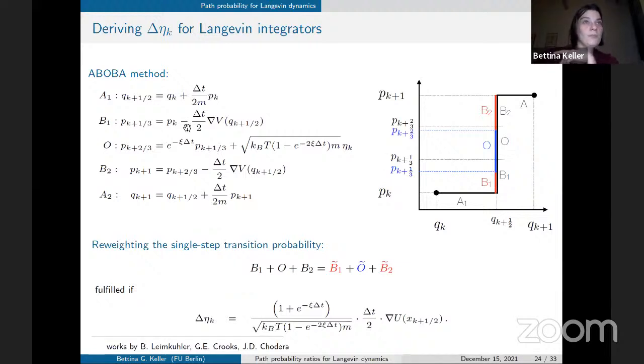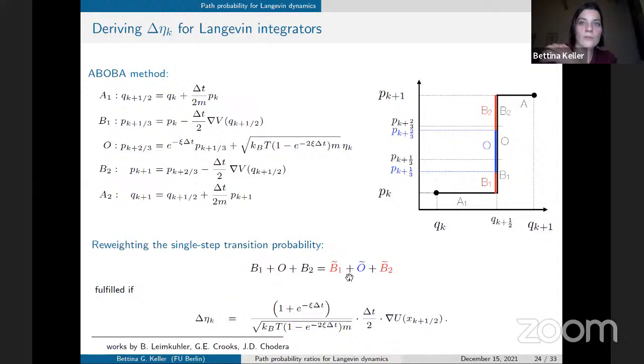What changes are these B terms, because they depend on the potential over here and over here. But in order to get the same progress to k+1, we require that this distance remains the same. So if gray is your simulation, so the decomposition, the simulation potential B1, O, plus B2, then in the reweighted simulation B2 and B1 might have changed, and then O needs to compensate this change in distance such that you have the same distance over here.